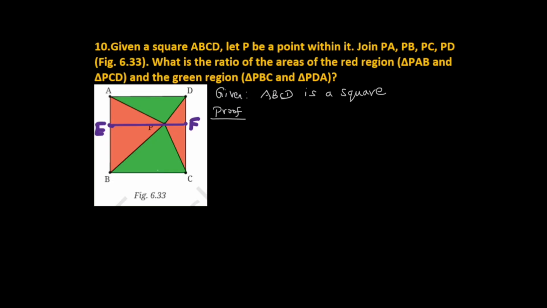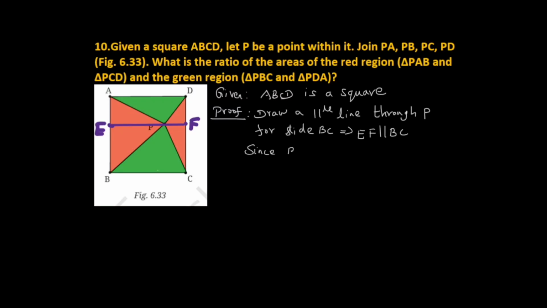For the proof, draw a line through P parallel to side BC, that is, EF is parallel to BC. Then BC is parallel to AD, so EF is parallel to AD also, because ABCD is a square.